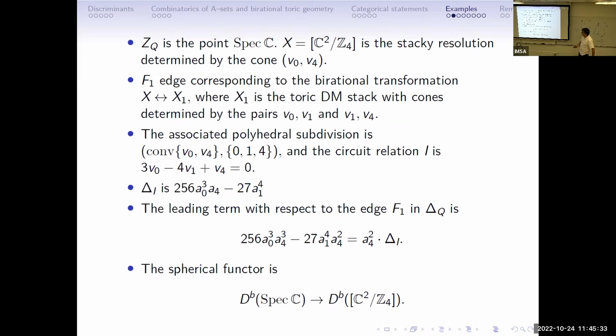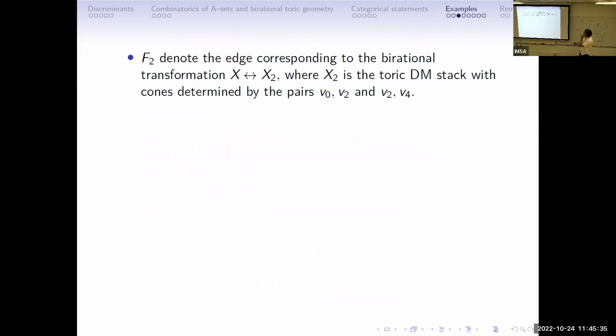Now, if we do another one, so now instead of looking at something like this, if we look at 0, 2, 4, of this subdivision.